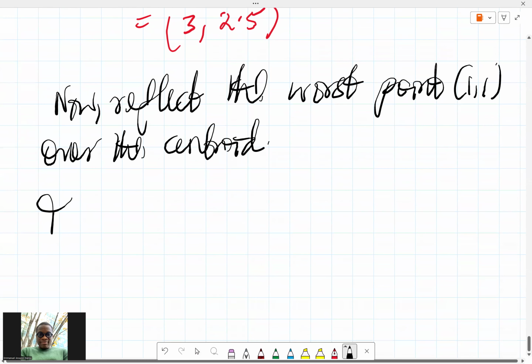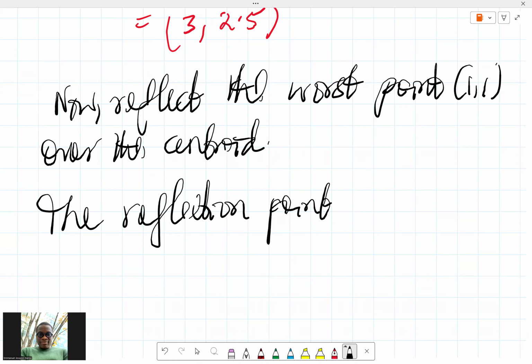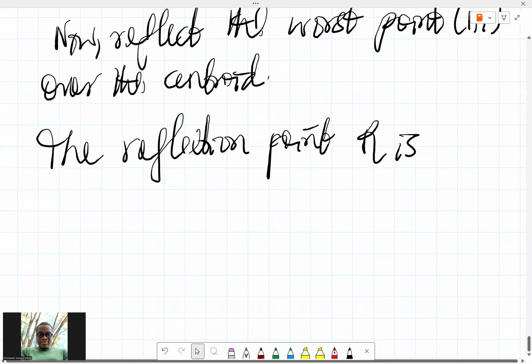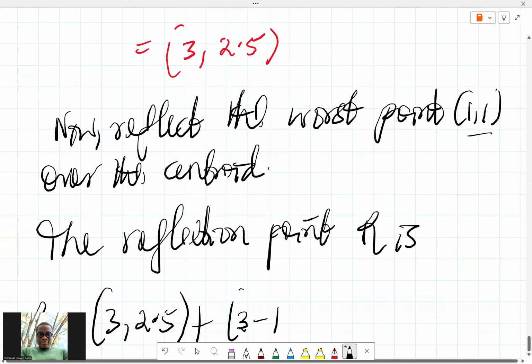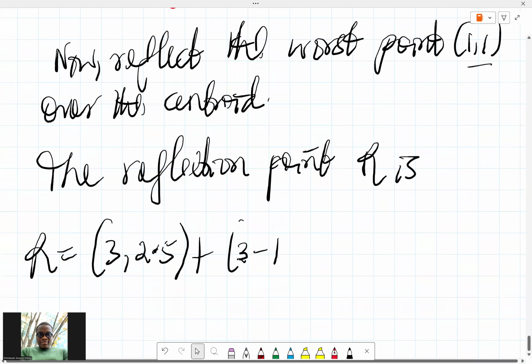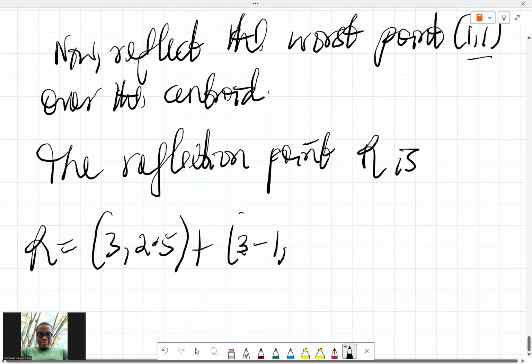The reflection point R equals 3, 2.5, which is the centroid of the best 2 points, plus 3 minus 1, the worst point being 1, 1, so 2.5 minus 1.